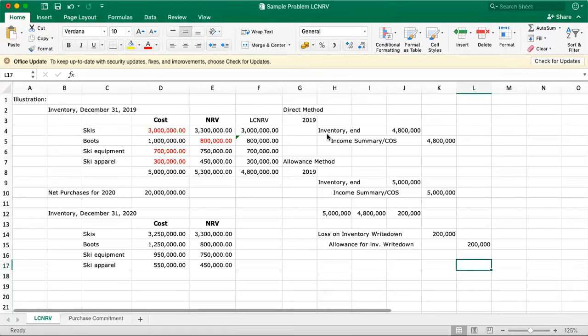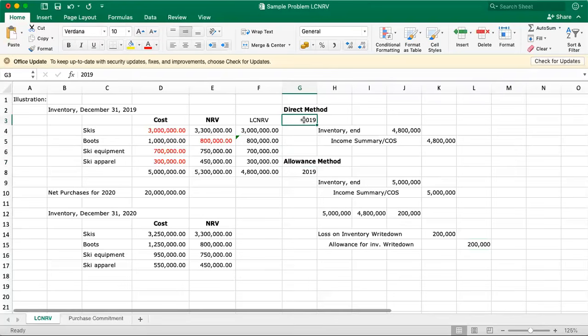Therefore, at the end of 2019, the balance of your inventory is the same as with the direct write-off method. You have inventory debit minus the allowance for inventory write-down of 200,000, that's 5 million minus 200,000. The balance of your ending inventory is still 4,800,000, same as using the direct write-off method.